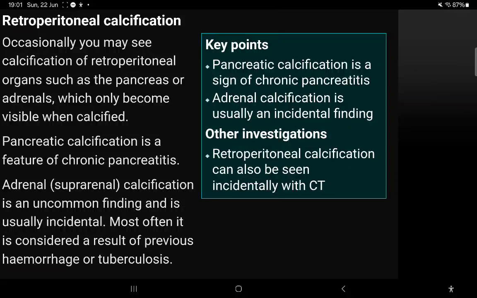Pancreatic calcification is a feature of chronic pancreatitis. Adrenal (suprarenal) gland calcification is an uncommon finding and is usually incidental. Most often, it is considered a result of previous hemorrhage or tuberculosis.